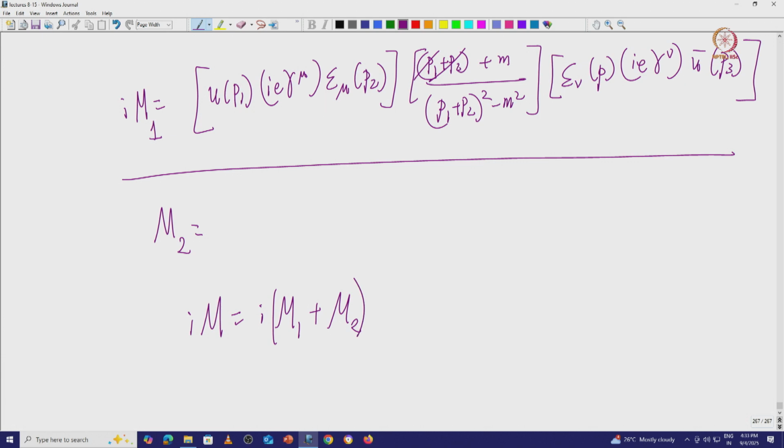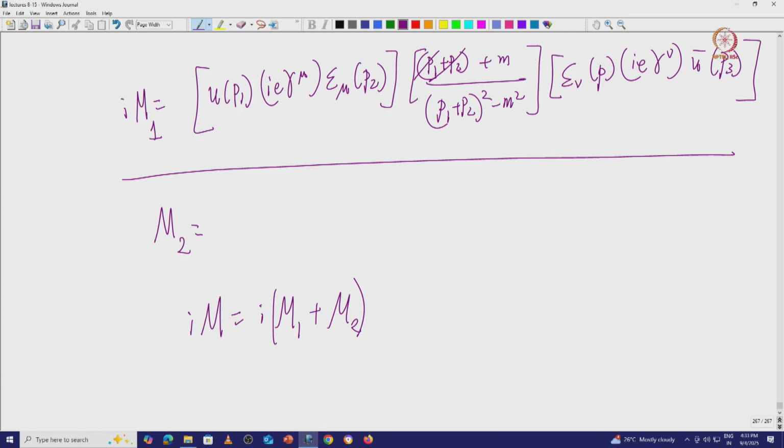Now, you have to worry about the symmetry factors, whether there is a difference between them or a sum between them. There are also the trace sum rules and everything which you have to calculate, and so on.